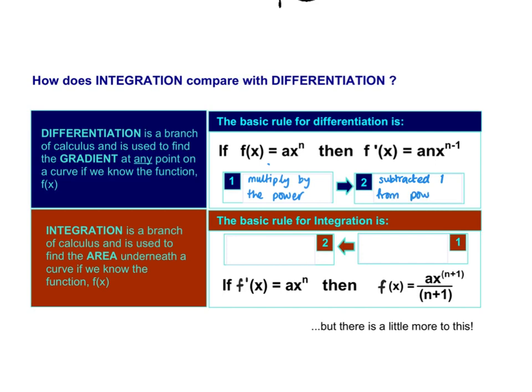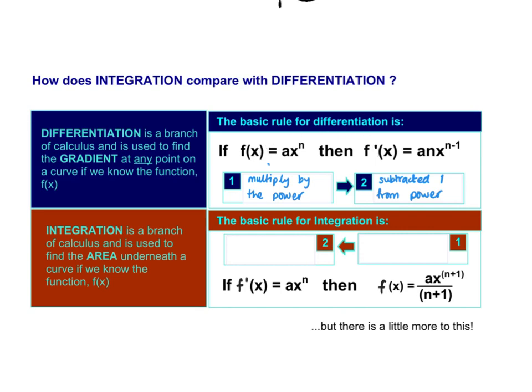And that was the two steps basically involved to carry out differentiation. We multiplied by the power, and then we subtracted 1 from the power. And that took us from a function f of x to a function f dash x.